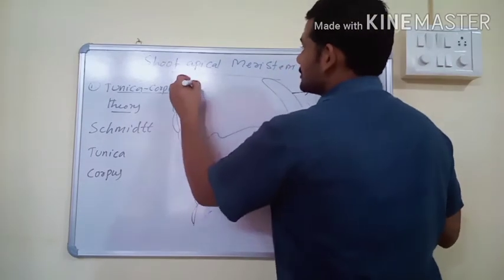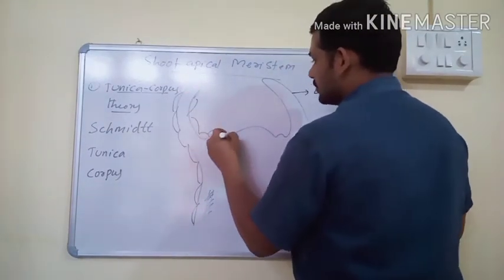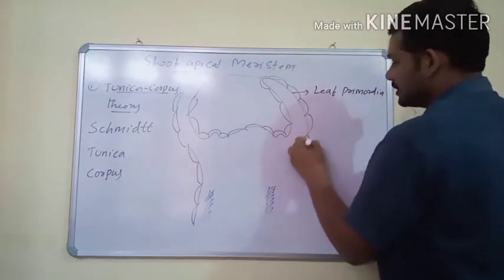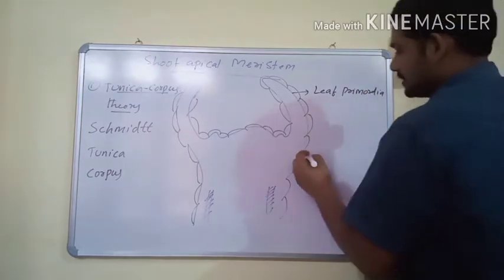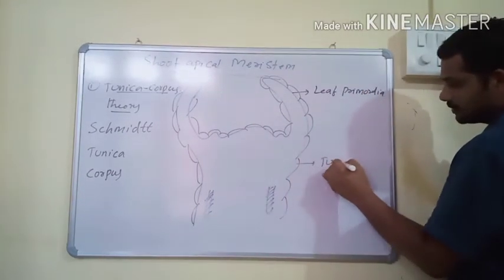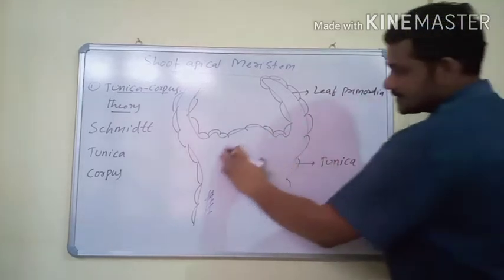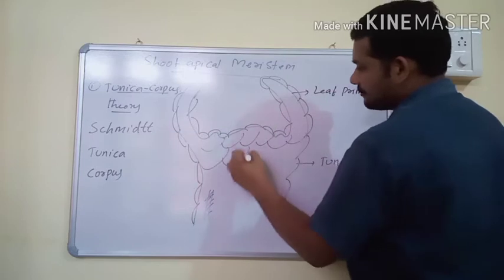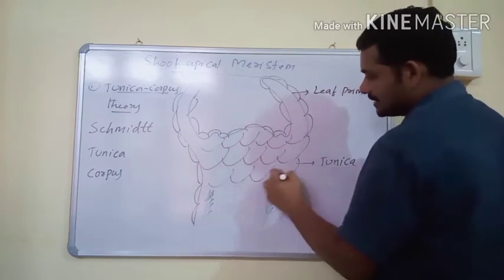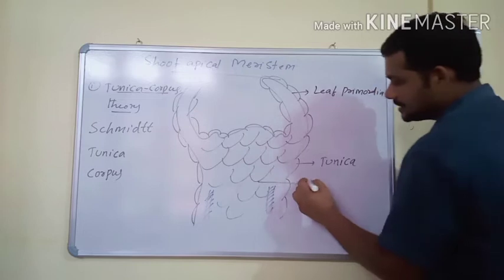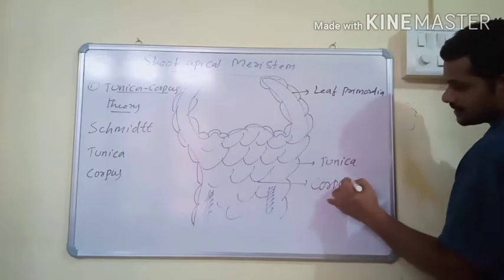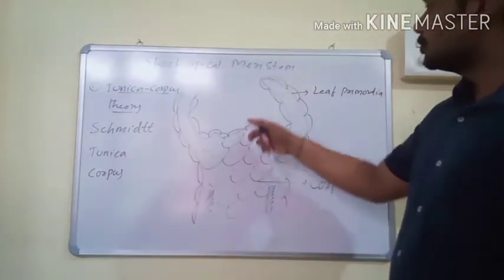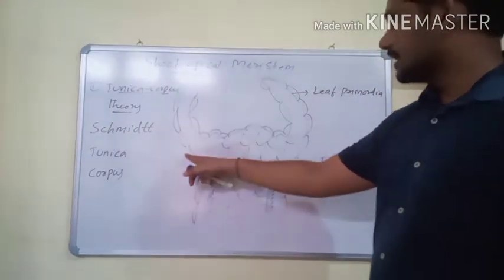The outer region of the shoot apical meristem is known as tunica, and the inner region, which is made up of large sized cells, is known as corpus. So according to the theory, the shoot apical meristem has outer tunica and inner corpus.